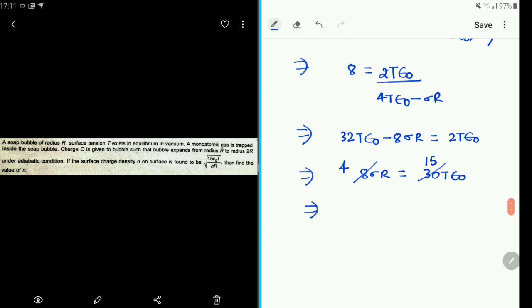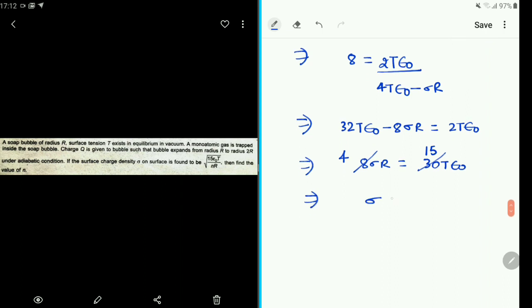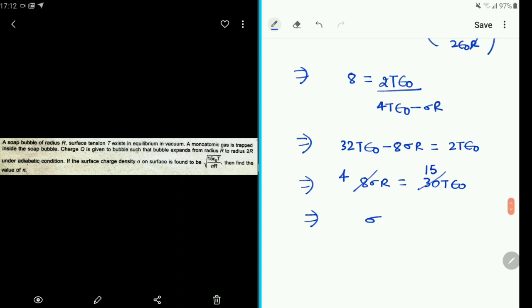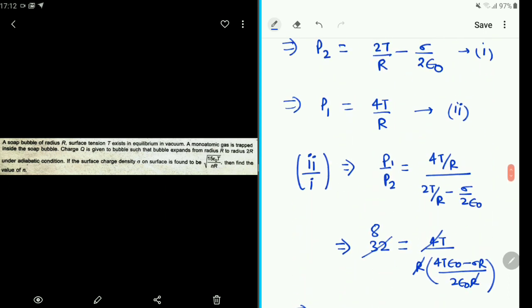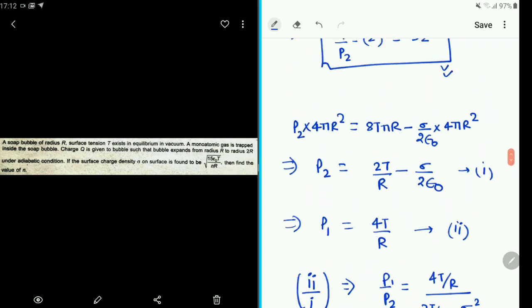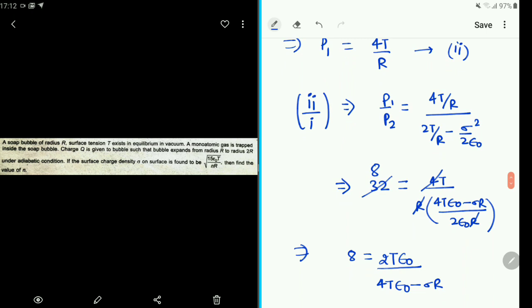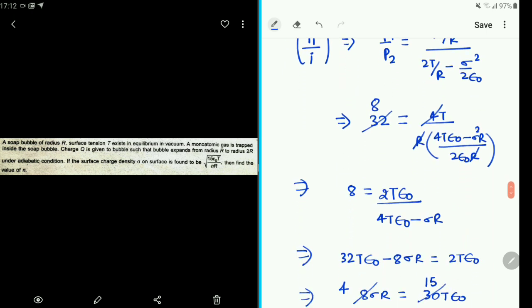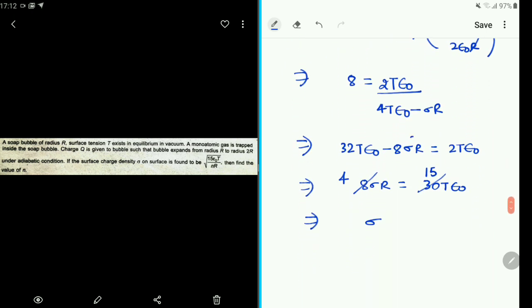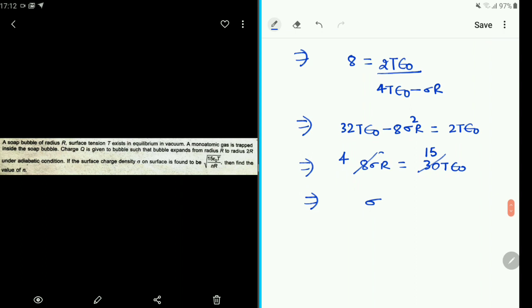Let's solve it a bit further. So what we are getting here is sigma square, and I will correct it everywhere: because electrostatic pressure is sigma square upon 2 epsilon naught, everywhere I have written sigma, there will be a sigma square.